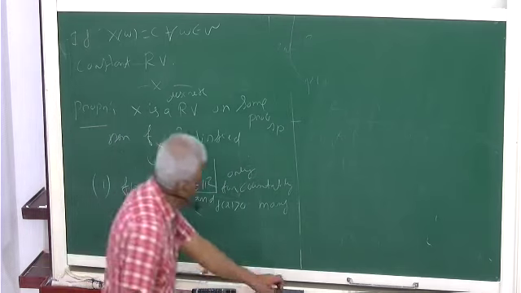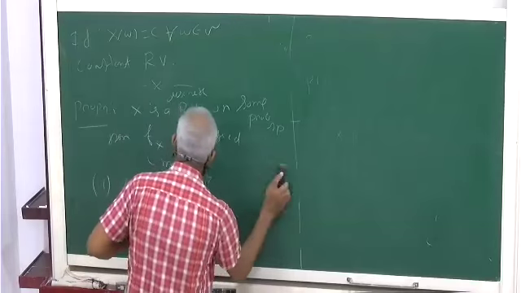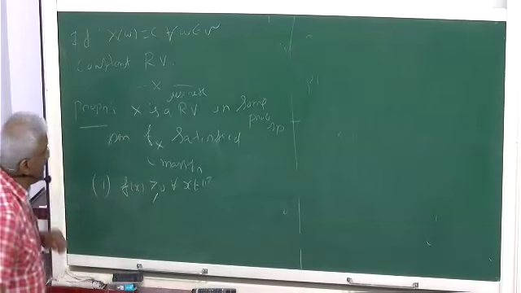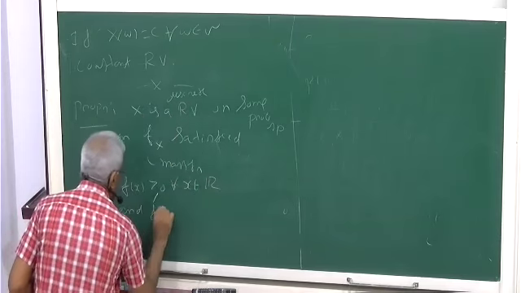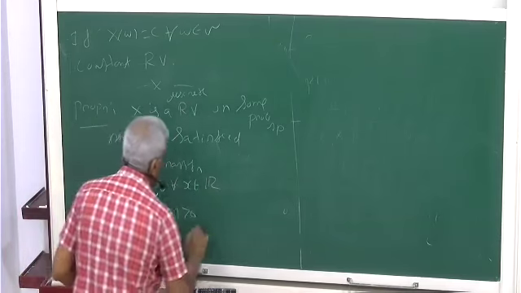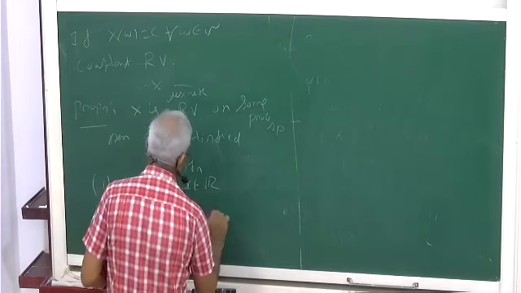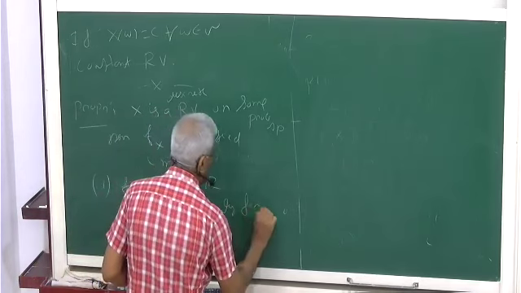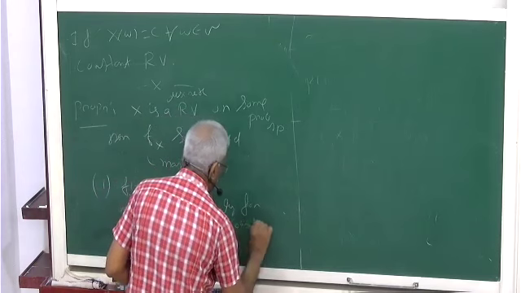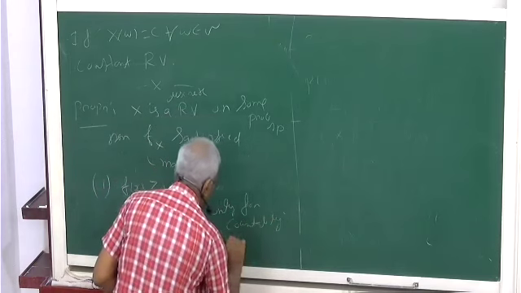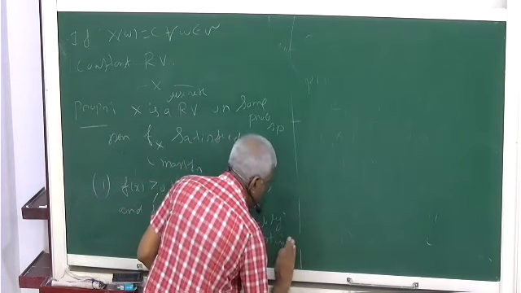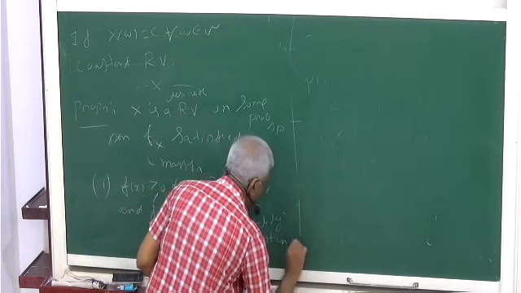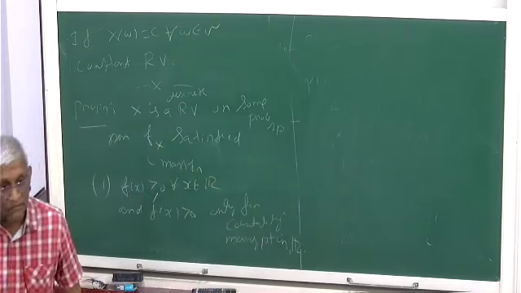Shall I write it again? f of x is greater than or equal to 0 for all x in R, and f of x is greater than 0 only for countably many points in R.